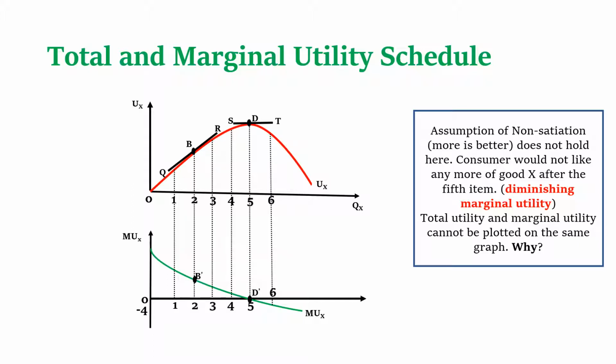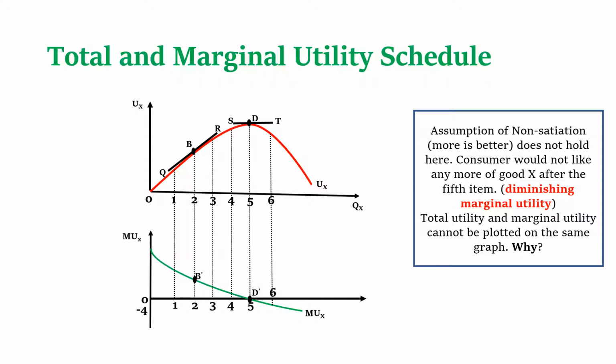Even though on the horizontal axis we have the same argument, quantity of good X, for the marginal utility function we have MUX on the vertical axis, and for the total utility function we have U of X. Because we have those two different arguments for each of those functions, we can't plot them on the same graph.